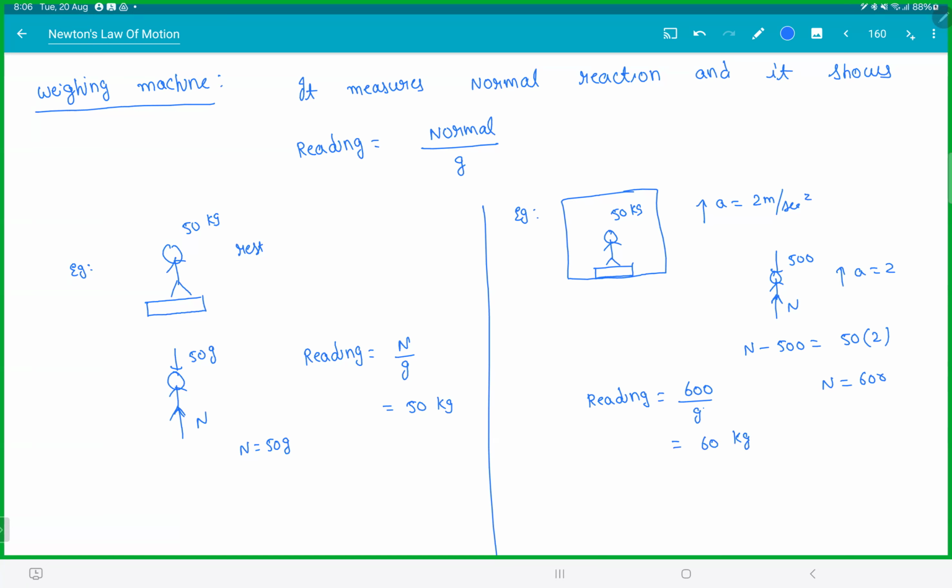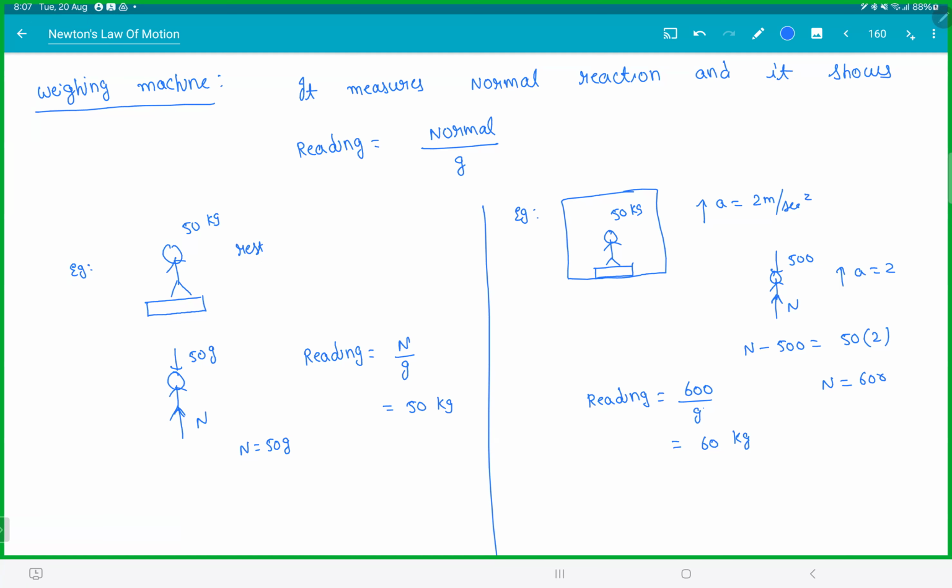Are you getting it? The weighing machine doesn't measure your mass. It doesn't know what your mass is. It measures normal reaction. So if you're accelerating or decelerating, normal reaction will get messed up, and the weighing machine will start showing different readings. This is what you experience when you're in a lift. When the lift suddenly starts moving, you feel a little jerk. Or in an aeroplane when it is taking off, you feel a certain weightlessness.